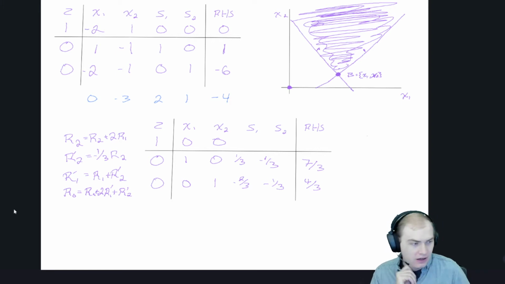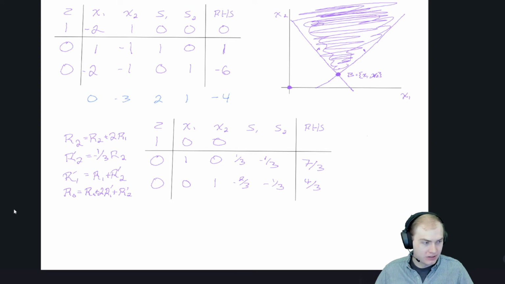So I'm joining up a lot of row operations in one step because I am very comfortable doing these row operations. If you're not, I encourage you to list these all out step by step.